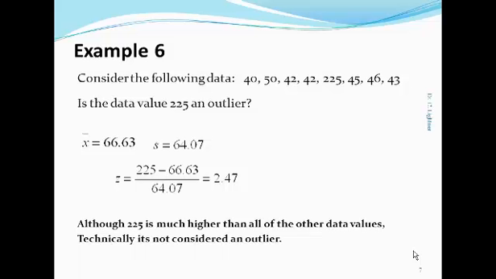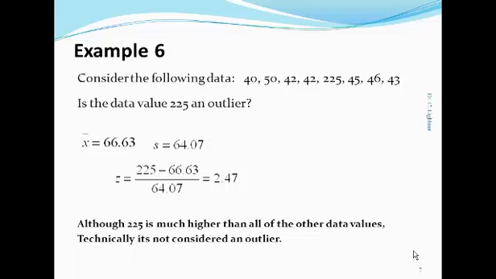The z-score for the value 225 is 225 minus the mean of 66.63, divided by the standard deviation, which is 64.07, giving us a z-score value of 2.47.